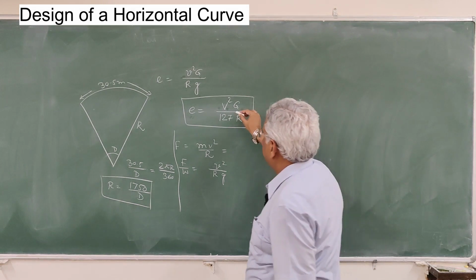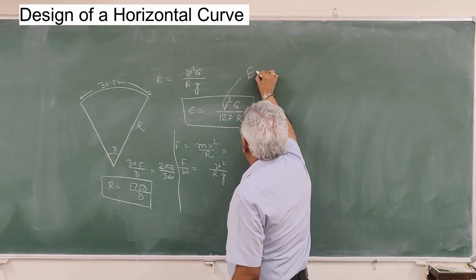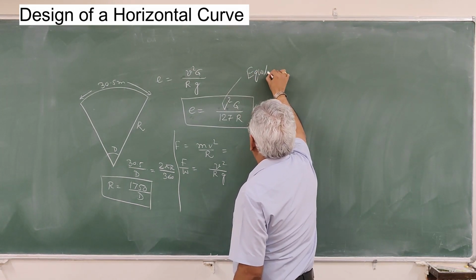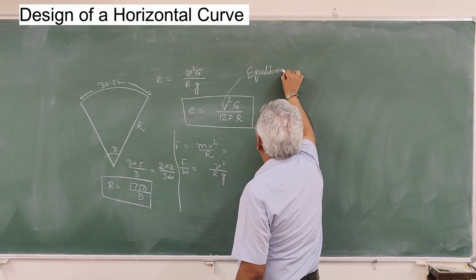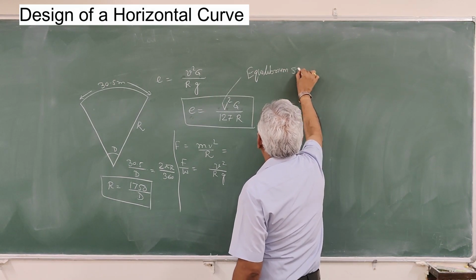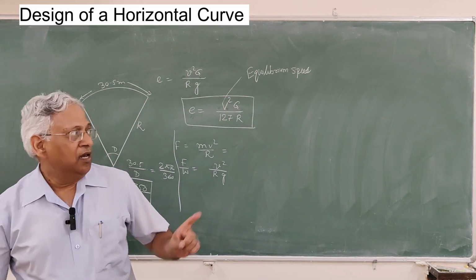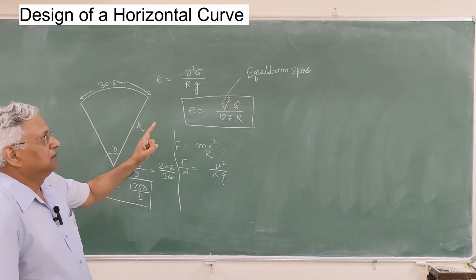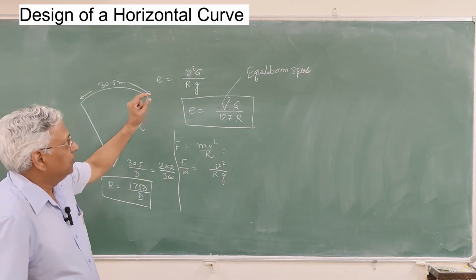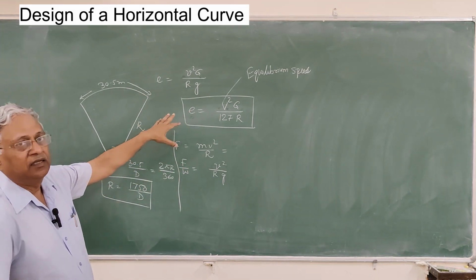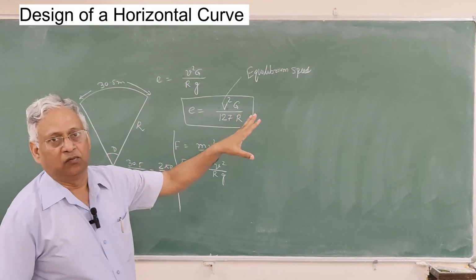Now that is called the equilibrium speed, because the forces are in equilibrium state. When the train moves at this speed on the track, there will be no unbalanced force.